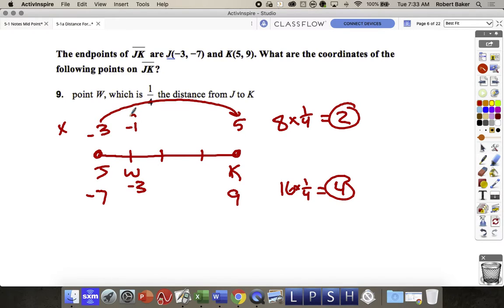That gives me my coordinate location of W. Now if I keep going, I should end up at point K. I did plus 2, plus 2, plus 2, plus 2. So there's a consistent gap between each coordinate. On the bottom it's plus 4, plus 4, plus 4. So negative 1, negative 3, 1, negative 7, 1, 5, and 9.